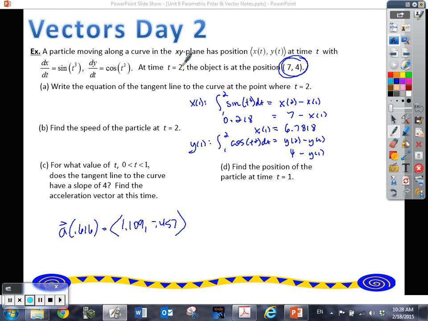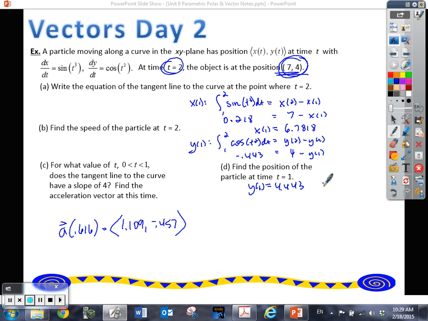We know that at time 2, this is our position. That's where I'm getting the y2 and the x2 from. Okay, and then we do this in our calculator, the integral from 1 to 2 of cosine t squared. Someone have that decimal for me? Negative 0.443. Okay. And so then we solve for y1. So y1 is going to be 4.443.